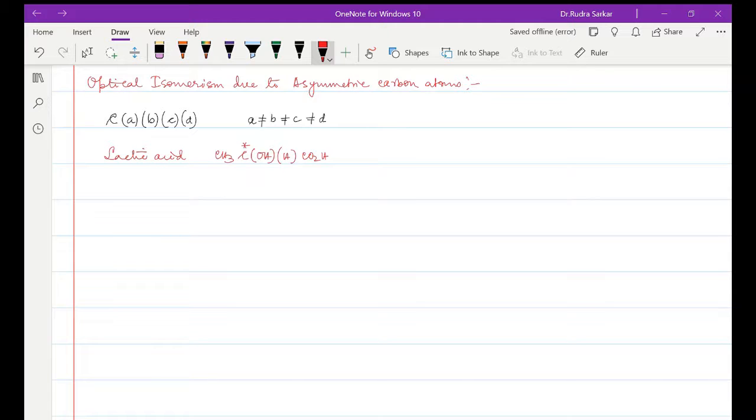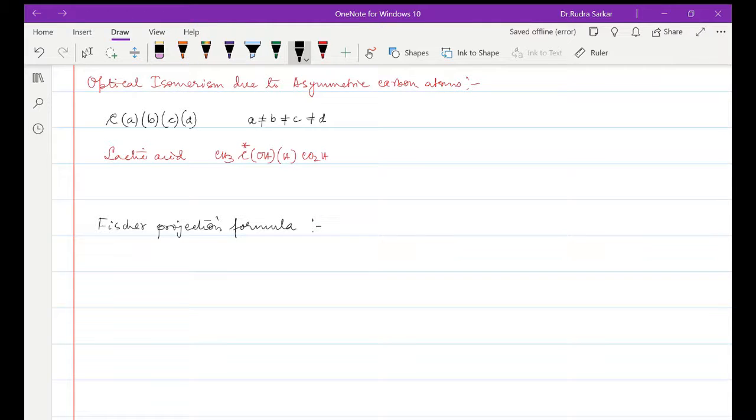Now, in order to stereochemically represent this molecule and its mirror image, we will follow some rules which are known as Fischer rules or Fischer projection formula. Okay, and what is it?